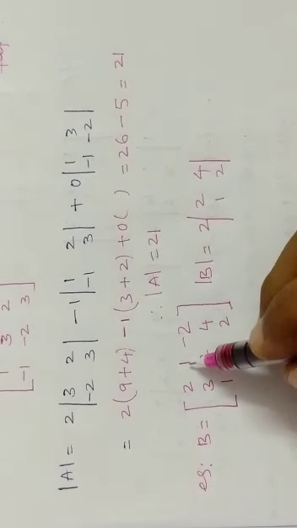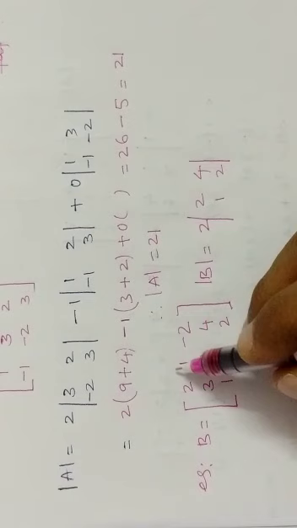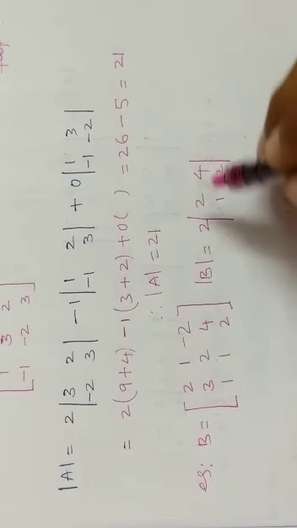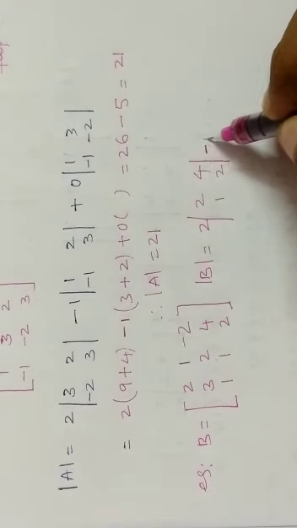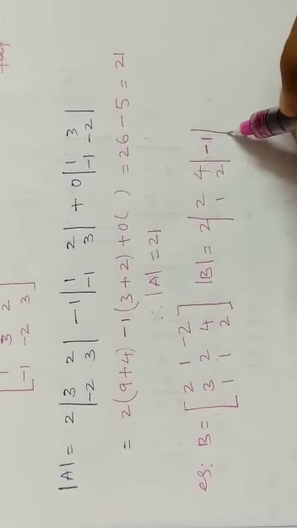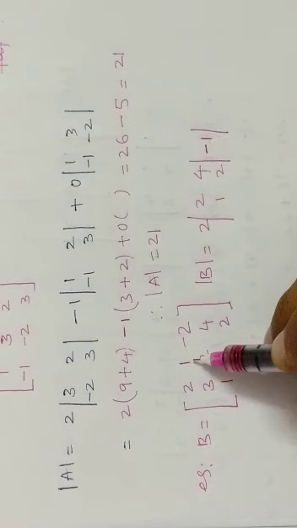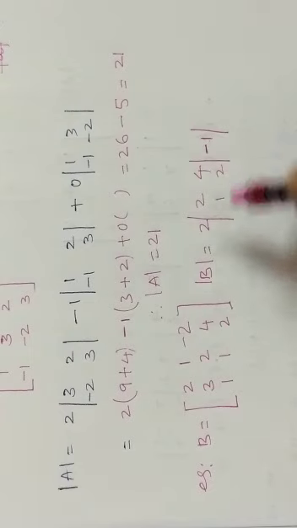For the middle one, for this number you have to change the sign. It is plus 1, so I am taking minus 1. Only for the middle one you have to take the opposite sign. If it is plus 1, you have to take minus 1.